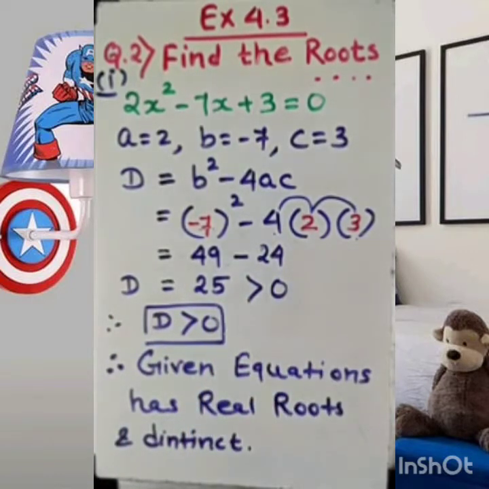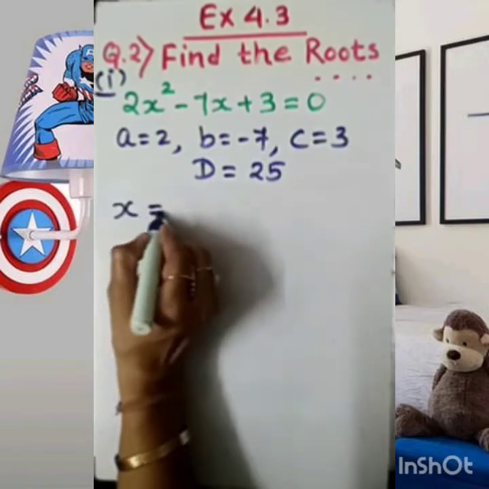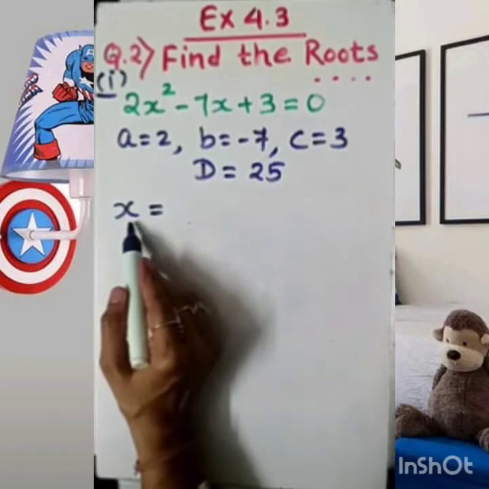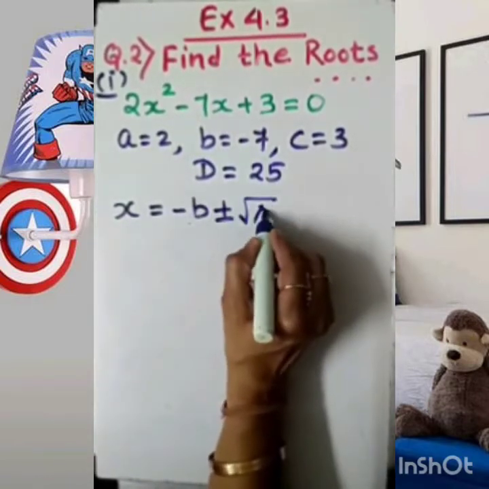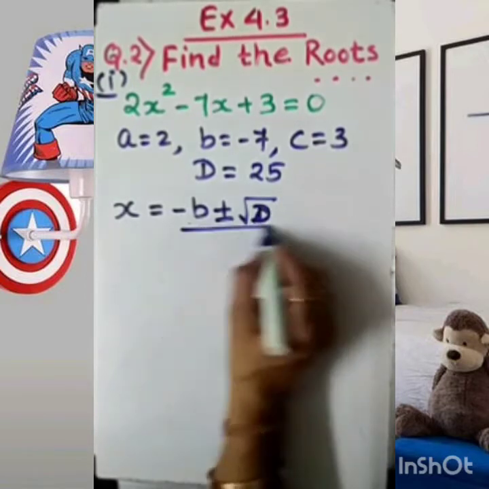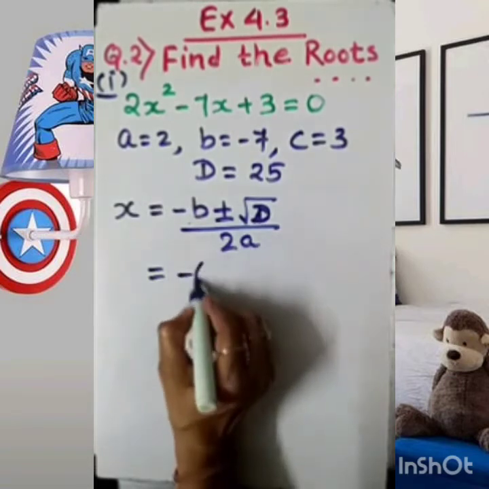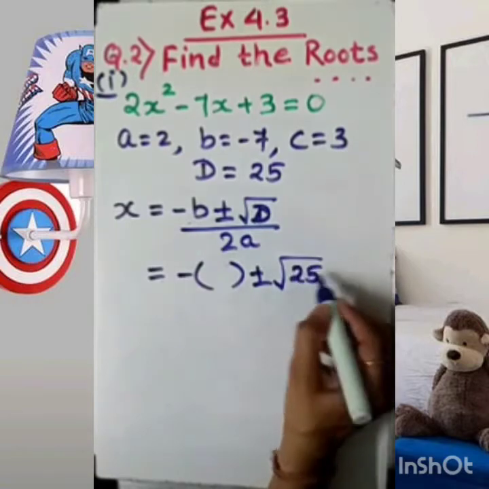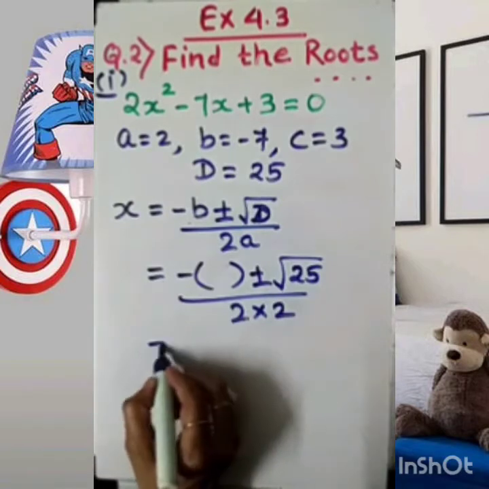So let's work out and apply the quadratic formula. The quadratic formula is x equals. Why am I writing x here? Because x is the unknown variable whose value we want to find. That is, minus b plus or minus under root of D, upon 2a. In place of D is 25, and 2 into a, where a is 2 here.